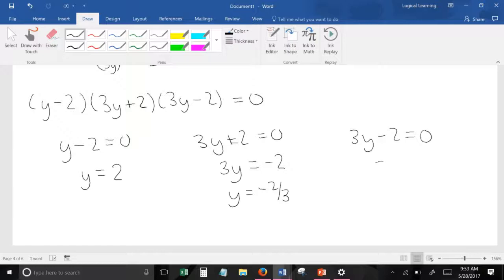And add 2 to both sides, we have 3y equals 2, so y equals positive 2/3. And our solution set is negative 2/3, 2/3, and 2. And again, plug any one of those or check all three of your results into the original equation to make sure that those do in fact satisfy our original equation.